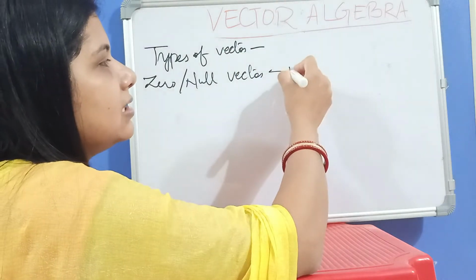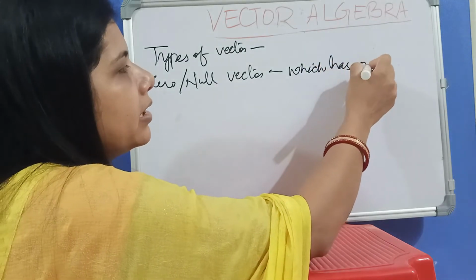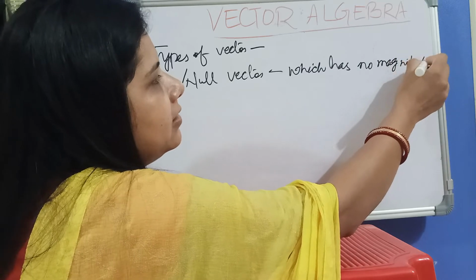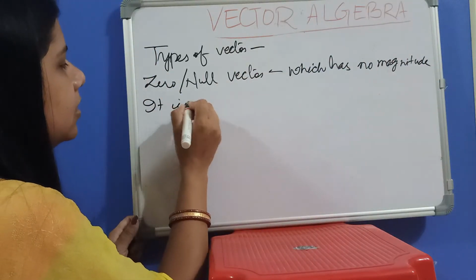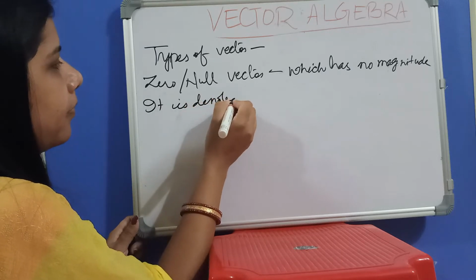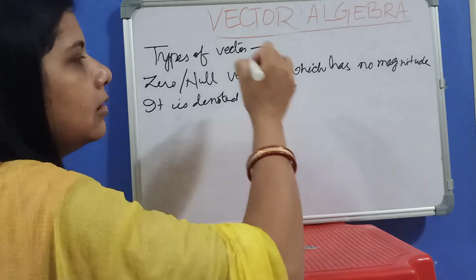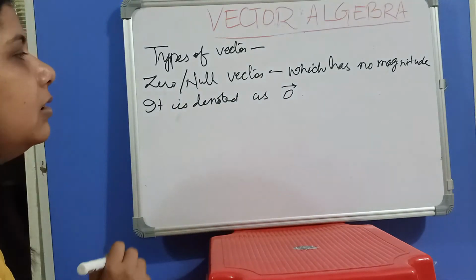A vector which has no magnitude. But since it's a vector, it has some direction. It is denoted as zero vector.